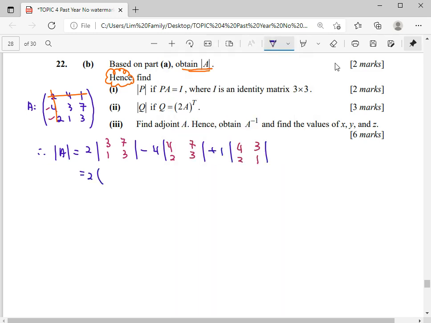Okay, so do the cross multiplication, 9 minus 7 in bracket. So that's the difference between the vertical bars and brackets: the vertical bars mean determinant. Then 12 minus 14, and then 4 minus 6, which equals to 10.